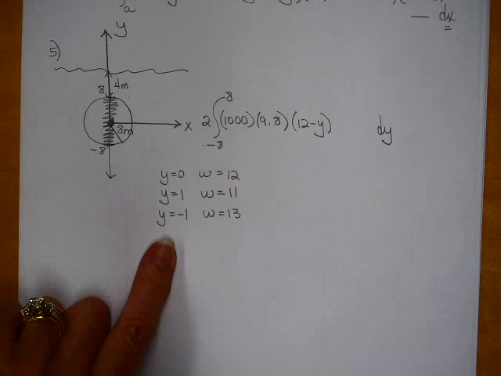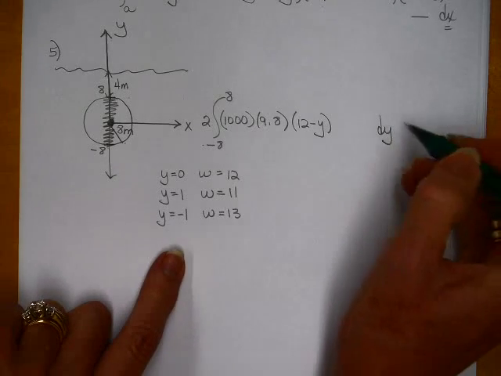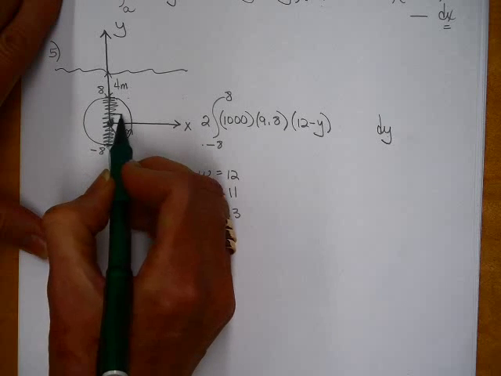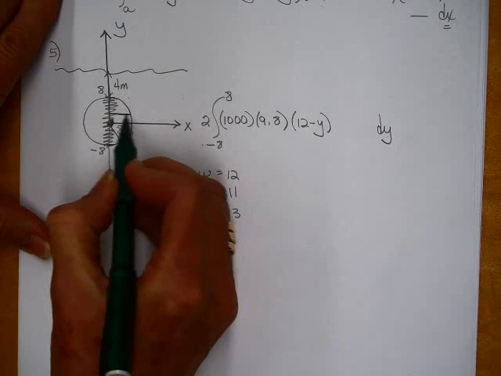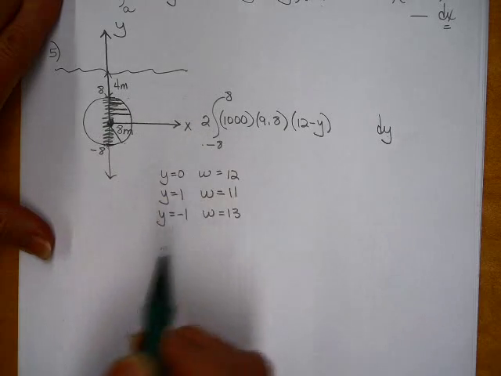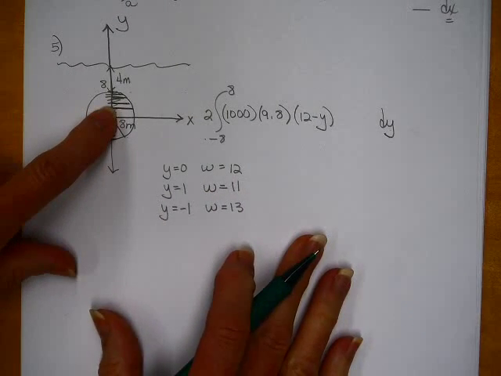Okay. The last thing I have to do is an area. I need a length times a width. Well, my width is my dy. When I slice this, these lines represent what I'm doing to find the area.